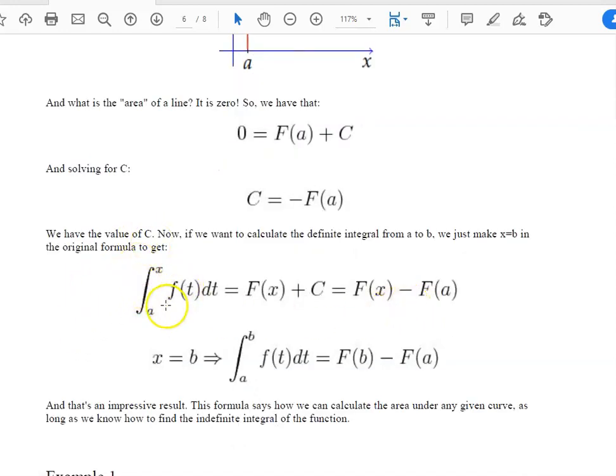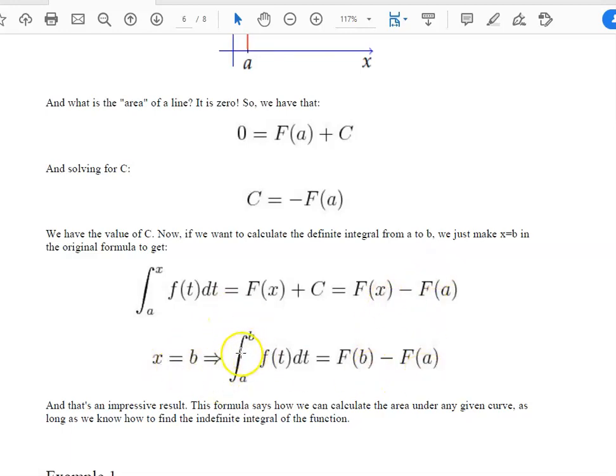So let's plug that in here. We get the definite integral equal to F of x plus c. But hold on, c from up here is negative F of a. So really, if x equals b, for this top one, a to b of f of t dt, instead of x, we're going to put a b.